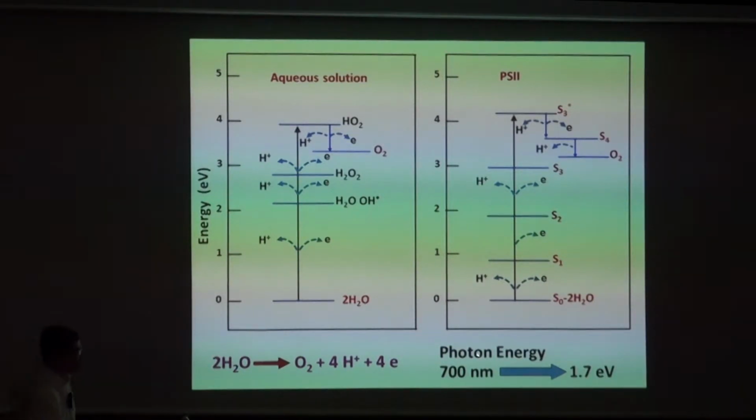So with this reaction scheme, water can be efficiently split into oxygen, protons and electrons in the cells. By this process, the sunlight energy is converted into the form of a proton gradient and reducing power, electrons. They are then utilized to fix carbon dioxide.